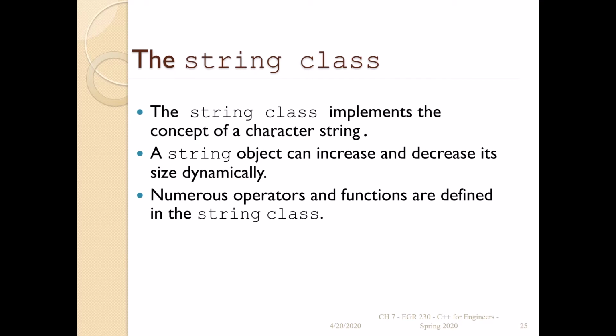So what you really need to get out of this is how in C++ strings are handled a little bit differently than in C, okay? But what you'll recognize is C++ can support both C style and C++ style strings. They both work.